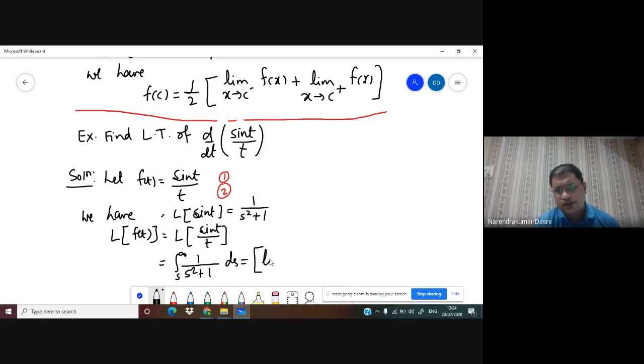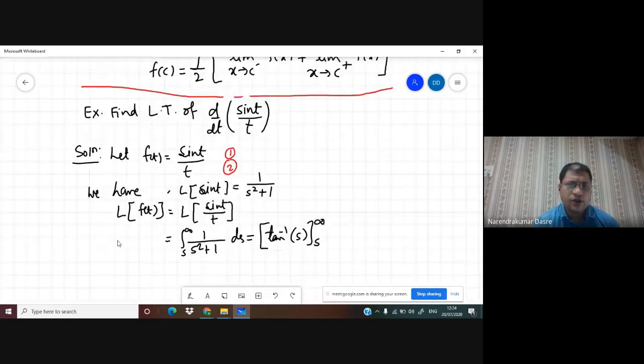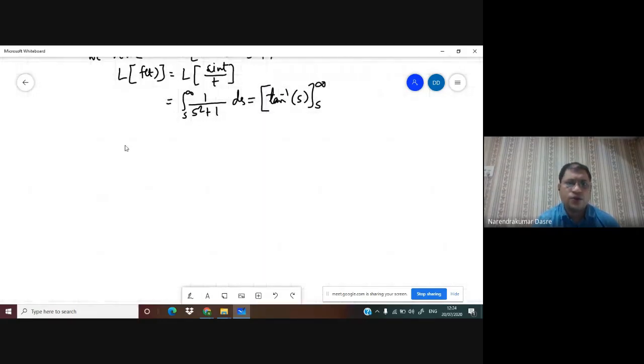And this is easy; it is going to be tan inverse of s from s to infinity. Okay, so we can apply the limits. So you'll have tan inverse of infinity minus tan inverse of s.